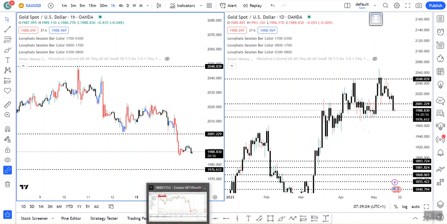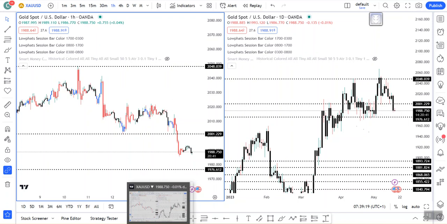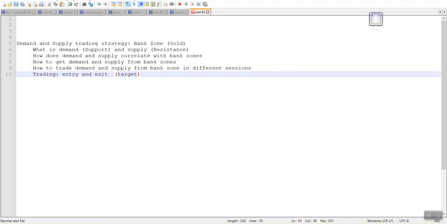Welcome. Today we are going to look at demand and supply trading strategies as it relates to bank zones, with special focus on gold, that is XAU USD. We are going to look at: what is demand and supply?